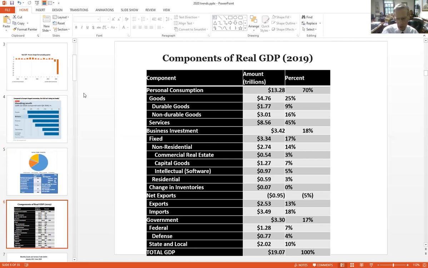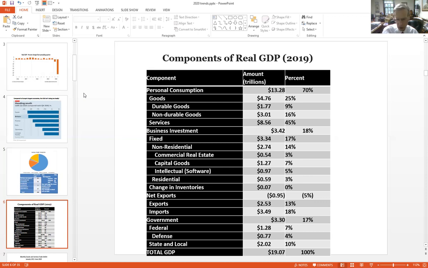Non-durable goods, such as those that we get at the grocery store, account for a larger portion by far than durable, but the most important, 3 times the size of non-durable, are services. So services are a big part of the consumer sector. And it wasn't always that way. In the past, durable goods and non-durable goods have been more important and services less so.